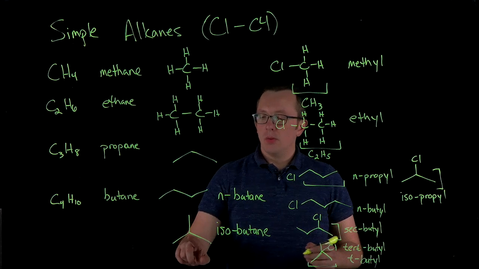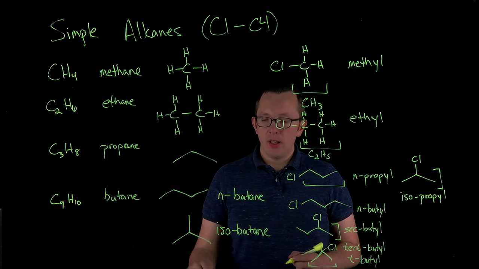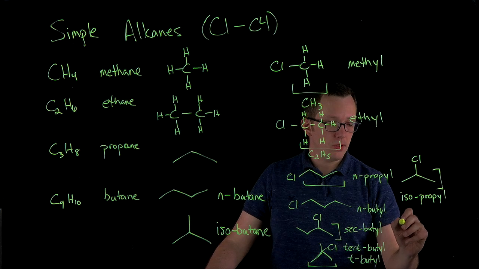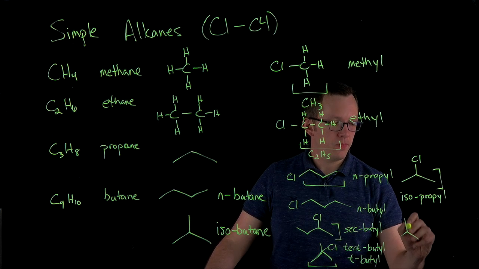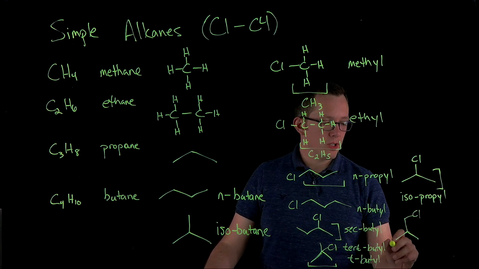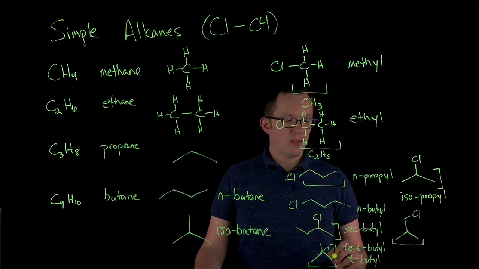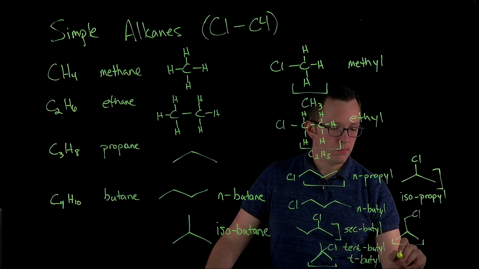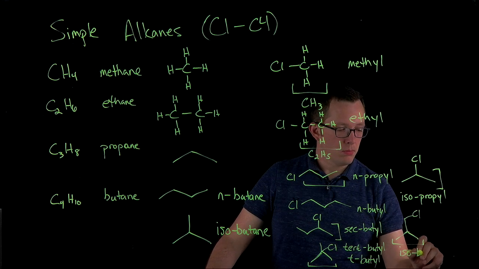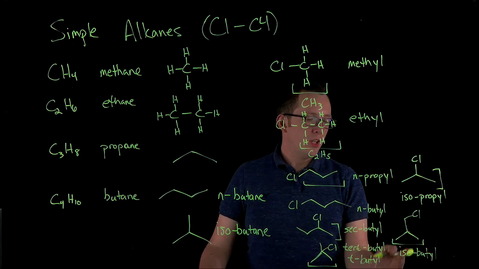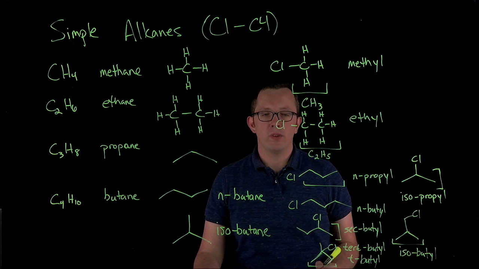Okay? We can take isobutane and we can replace one of the hydrogens at the end. And so when we do that, our new substituent that we have here is going to have a different name. We're going to call this the isobutyl group, because it's branched and it has some symmetry about it, right?